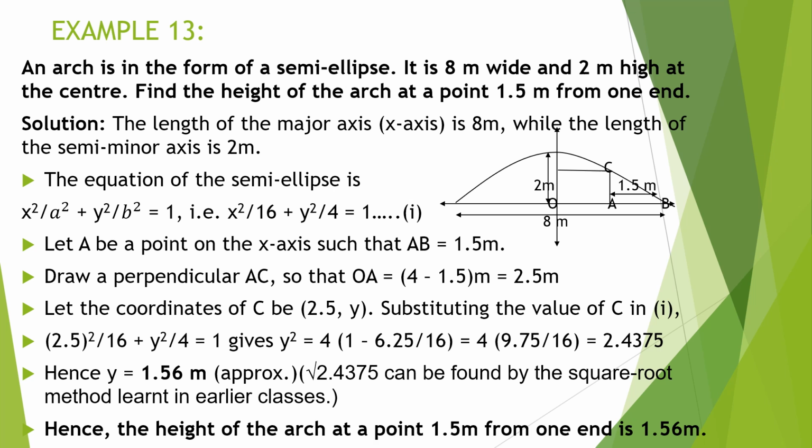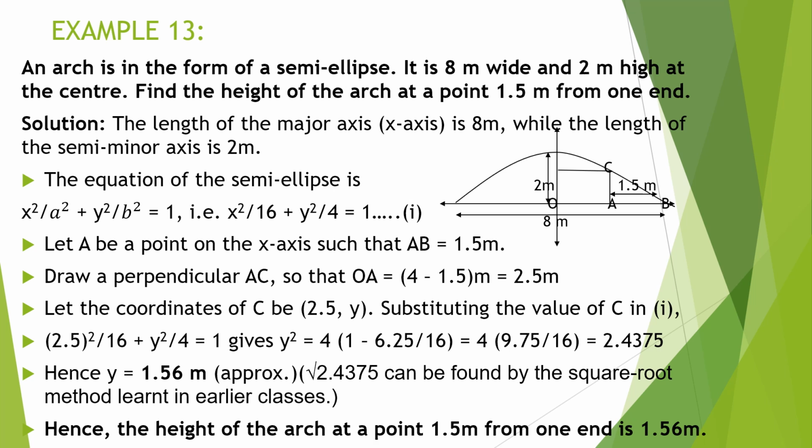OA will be 4 minus 1.5 meter, which is 2.5 meter. Let the coordinates of C be (2.5, y). The x coordinate will be 2.5 because the distance between O and A is 2.5. We want to find AC, meaning we want to find the y coordinate.